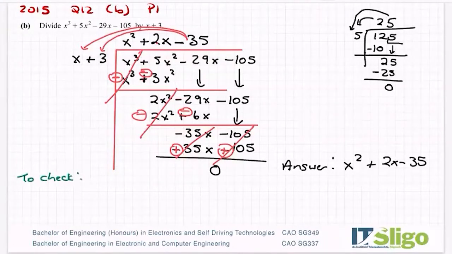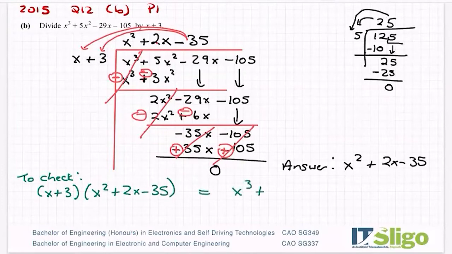Well, I want to show you. You had one factor of that cubic equation, which was x plus 3. You've now figured out the other factor of it, and when you multiply them together, you should get back to your original cubic. That's what should happen.